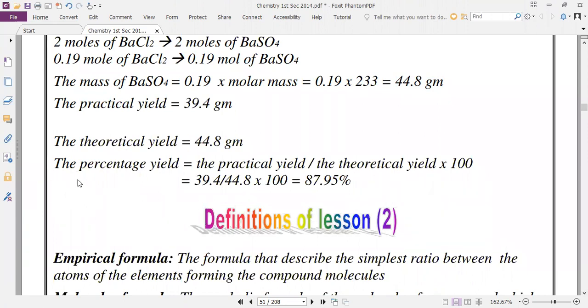So the percentage yield equals practical yield divided by theoretical yield times 100, which equals 39.4 divided by 44.8 times 100, which equals 87.95%. So it's the percentage yield, right?